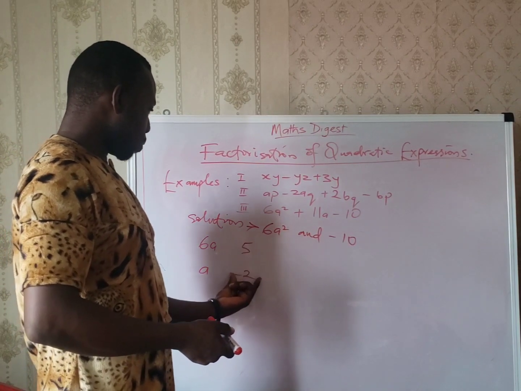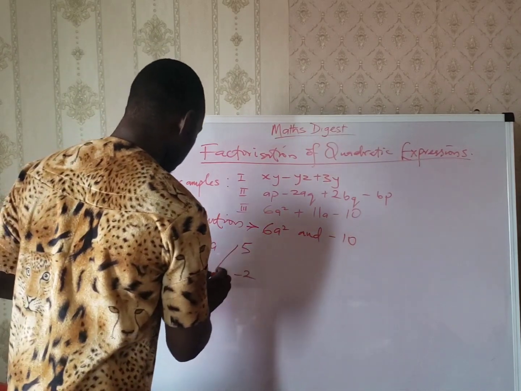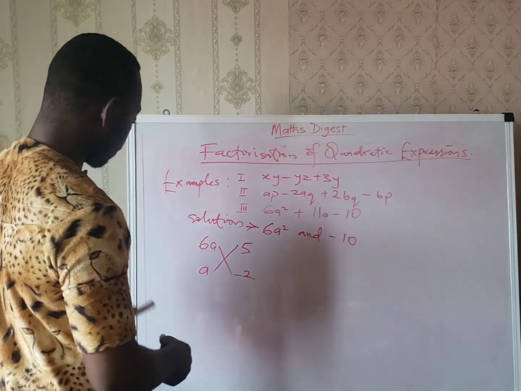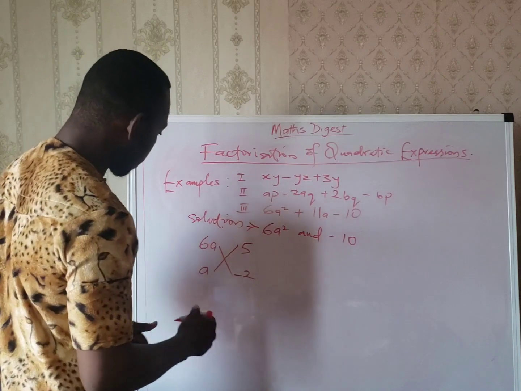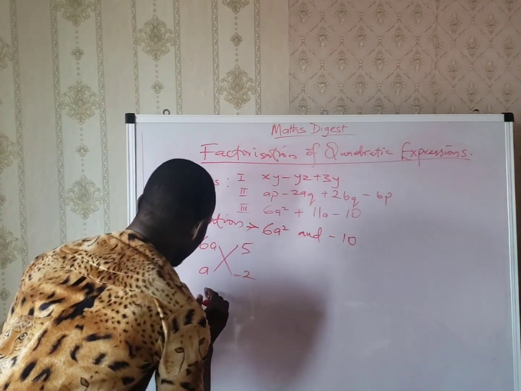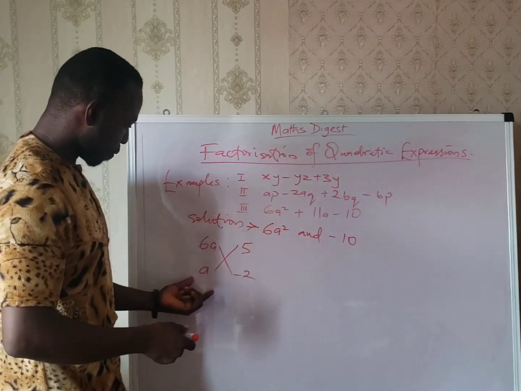So this times this will give you minus 10. Now let's check this. If you multiply this with this, you are going to get minus 12. Let's start with this that doesn't have minus first.